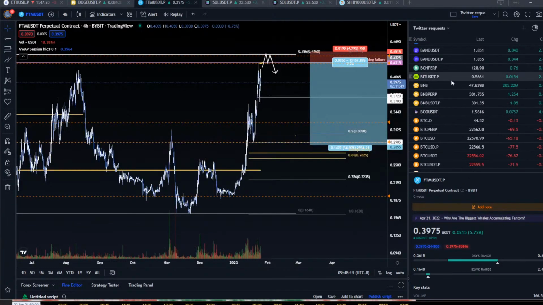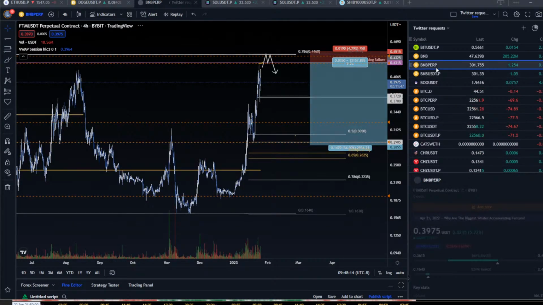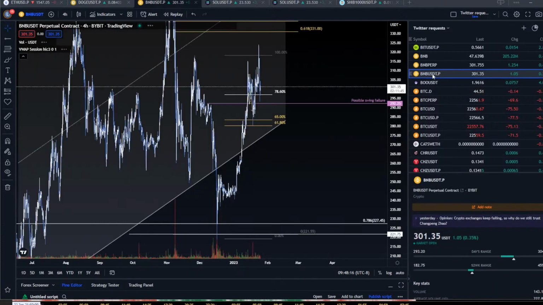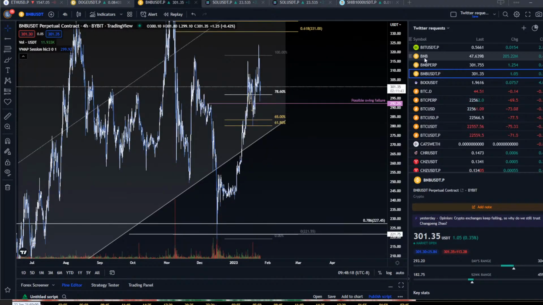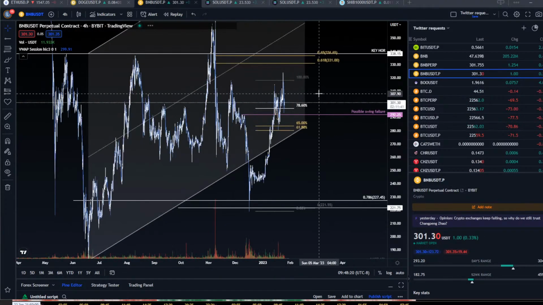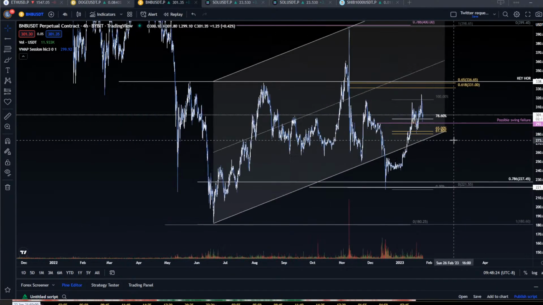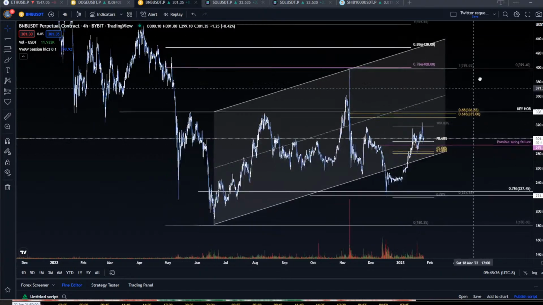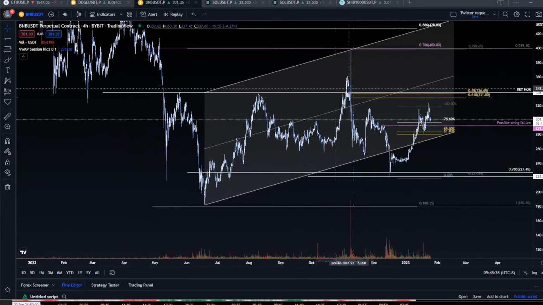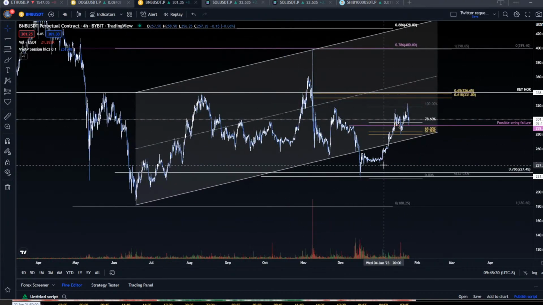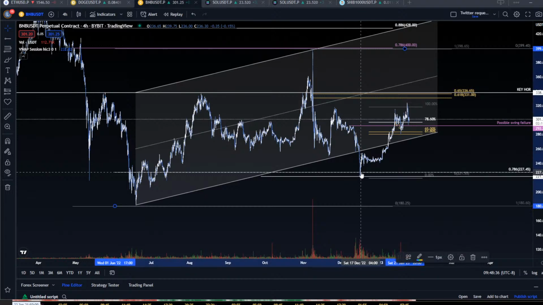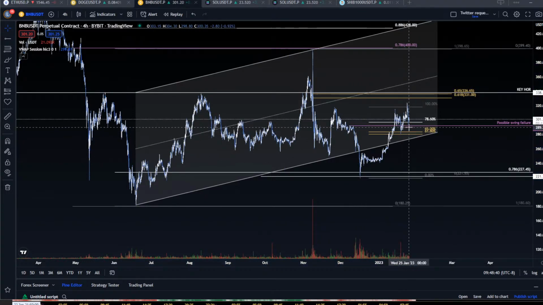All right, let's do BNB. Some old analysis on here. This bounce off the 786 was quite nice.